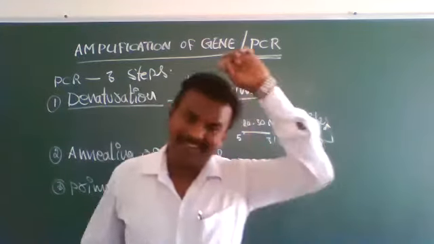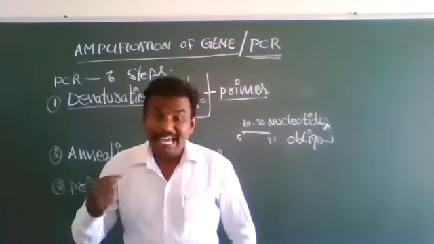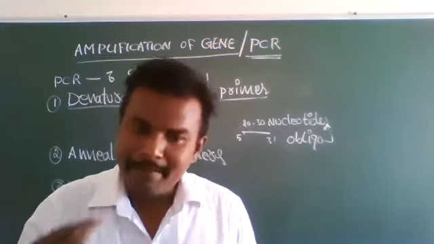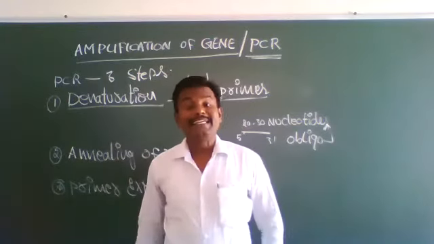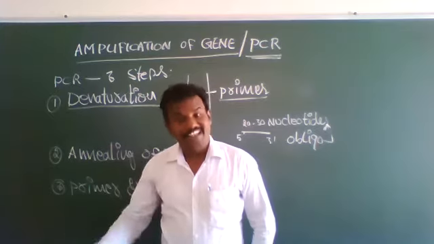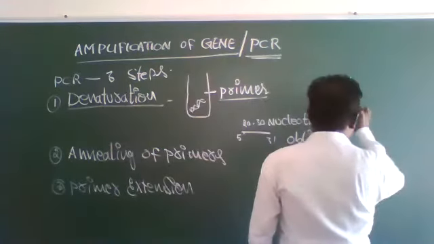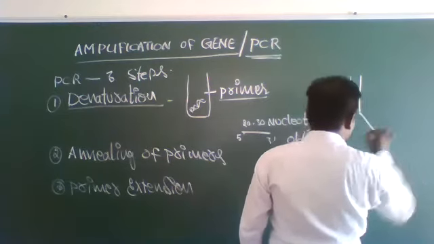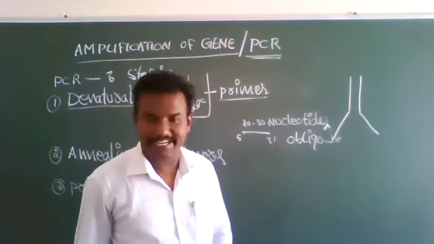What is a primer? I said in the 6th chapter, DNA replication: before replication, a primer must be added. That primer helps the replication of further DNA. Let me show that. Before starting replication, we needed to add a primer.